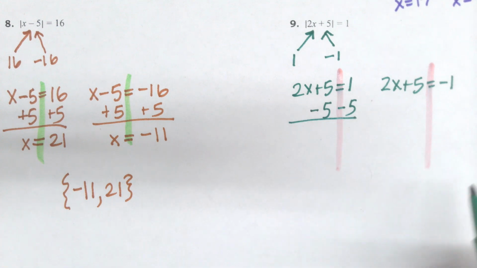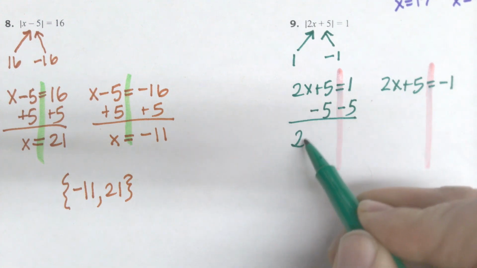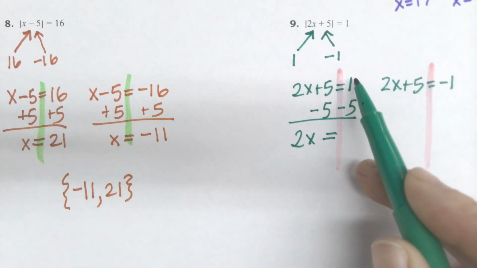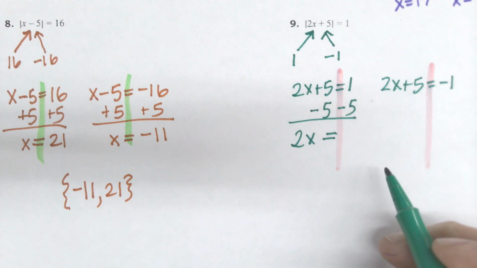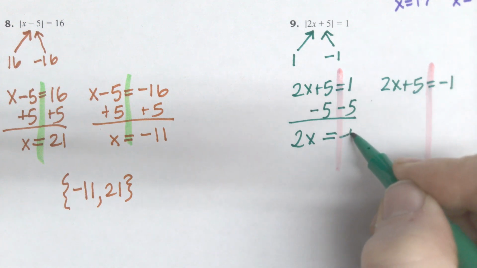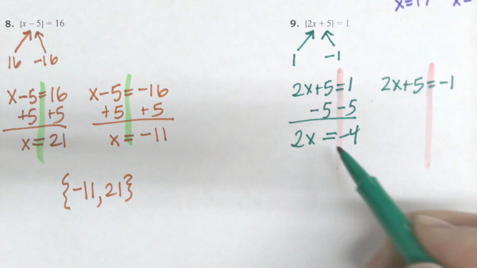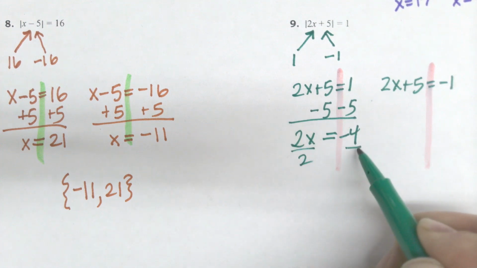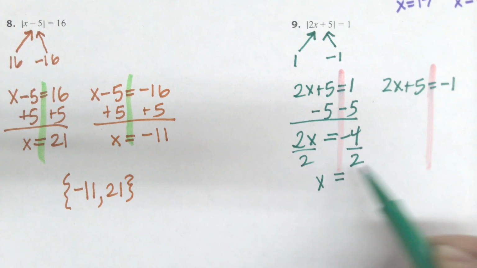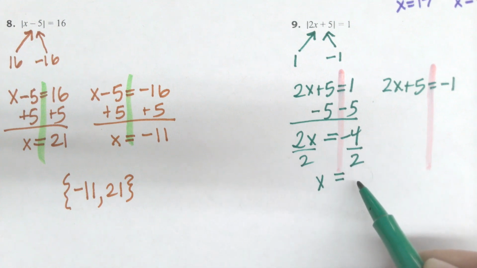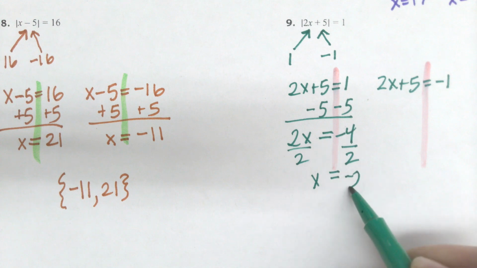Where? On both sides. Help me out. What's 1 minus 5? Negative 4. And then I get rid of the multiplication by doing the opposite of multiplication, dividing. And I end up with my final answer here, which is negative 2.